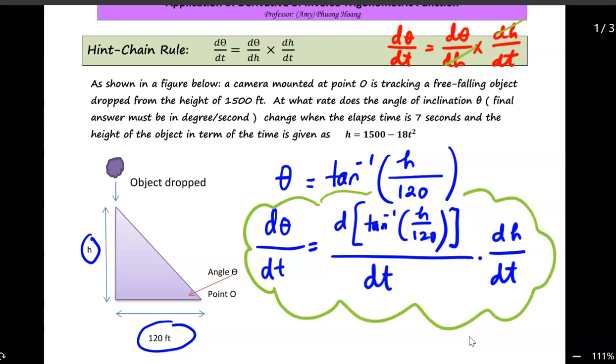Make sure that you differentiate everything in terms of time, and because you have the argument as h, you also have to multiply it by the derivative of h as a function of t as well. Alright, so you can use this, or you can also work with this.